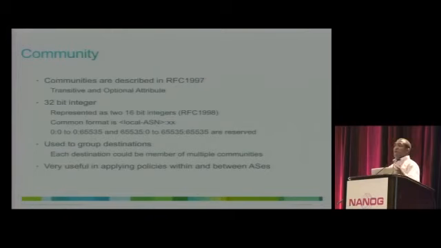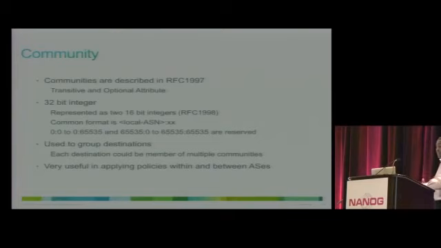So you can say all prefixes that are members of this community, I will prefer, or I will not advertise them, or I will advertise them with a lower or a higher preference, and so on. It makes dealing with policy much easier than just dealing with prefixes. And we'll see why that's the case.